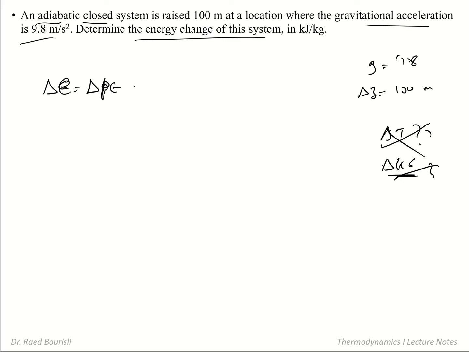This is energy, this is PE, and this is just g delta z. So g delta z is 9.81 times 100, which gives 981.